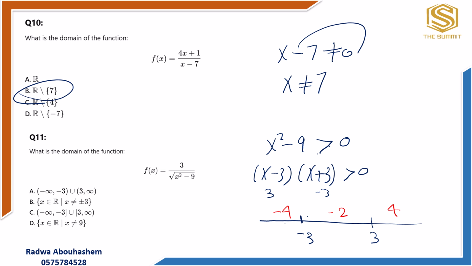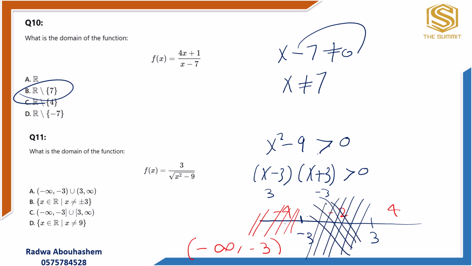So it's greater than 0. So this interval I should take, which means from negative infinity to negative 3, and negative 3 should be open. Okay, good. Now, if I say negative 2 power 2, it gives me 4. 4 minus 9 gives me negative 5. Is negative 5 greater than 0? Of course not. So this interval, I have to cancel it.